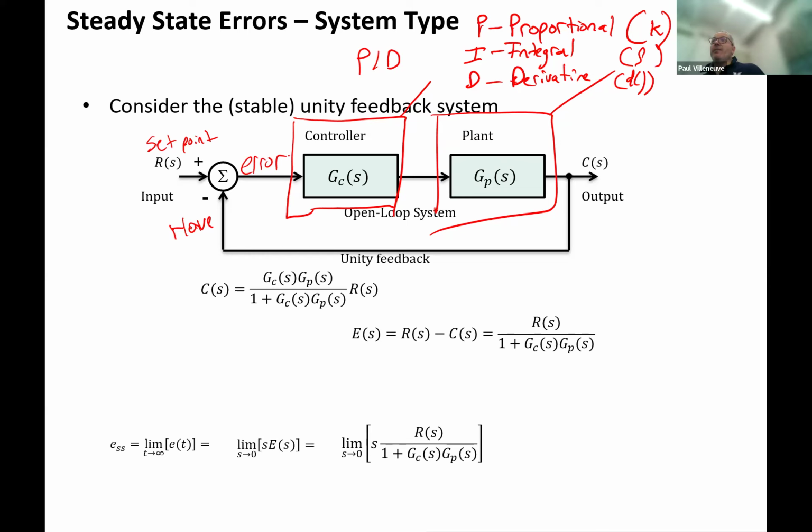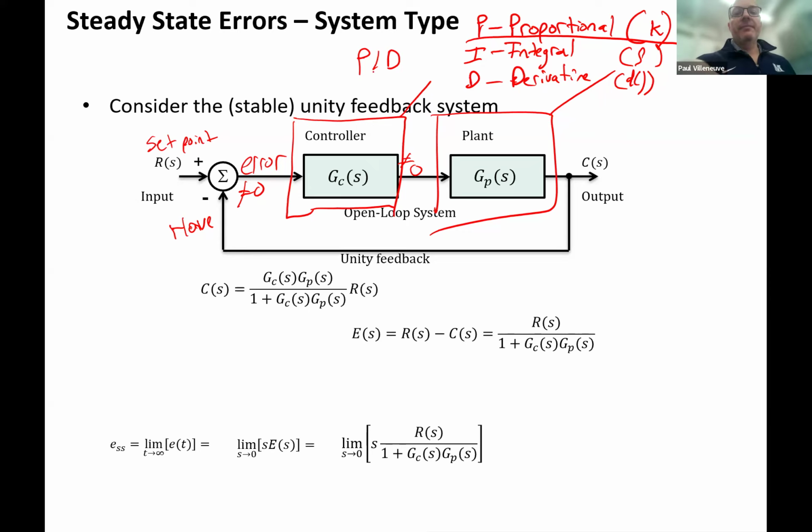So I have error between my set point and the actual output. And so a proportional controller only works because if this error equals 0, the output of the controller is 0. Right? Which means there's no input to the plant. So I have to accept error for this not to be equal to 0. So if you're okay with setting a set point and not actually achieving your set point, then a proportional controller input is perfectly fine.